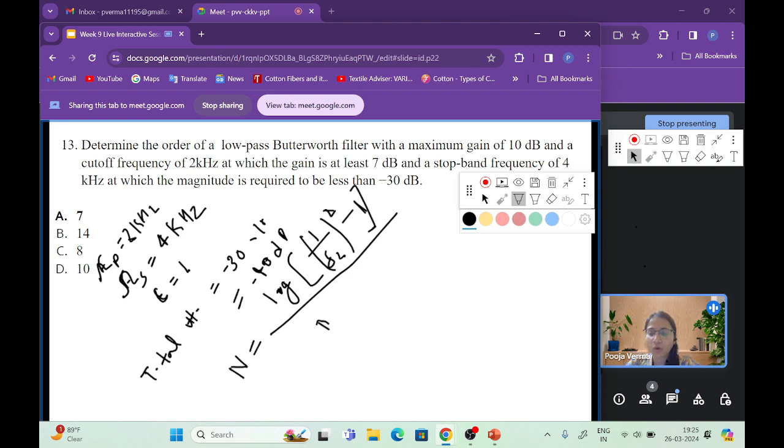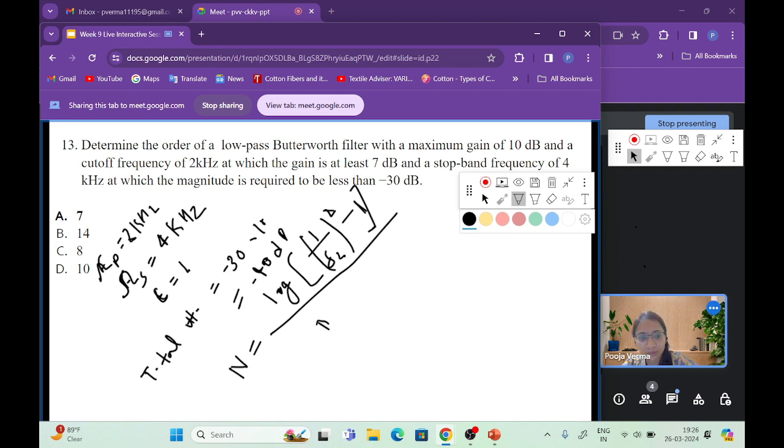If you want to convert to FP and FS, you convert 2 pi FP divided by FS, but here the sampling frequency is not given. If you put it into the denominator, that will cancel out.